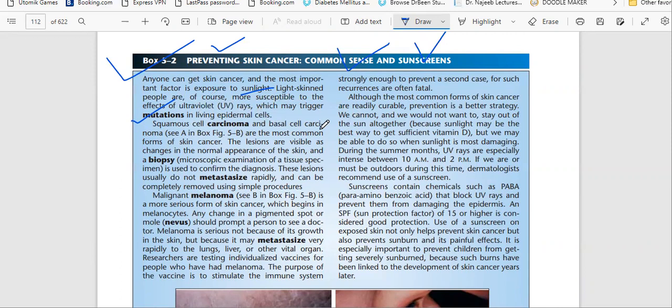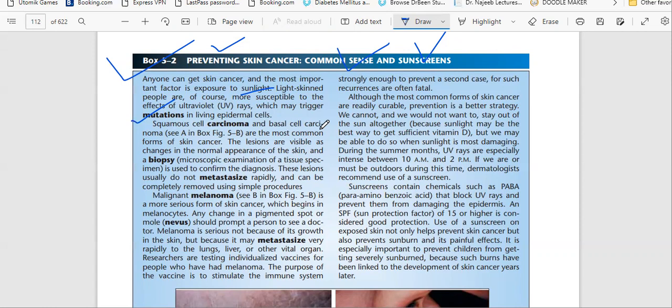What type of rays are these? UV rays, ultraviolet rays. Whenever ultraviolet rays are exposed to the skin, what will happen? Gradually, the skin cells, which have a nucleus, have DNA and RNA.